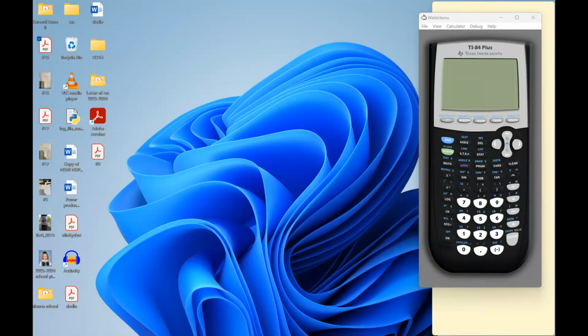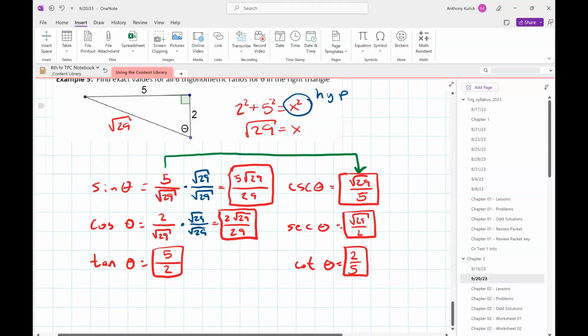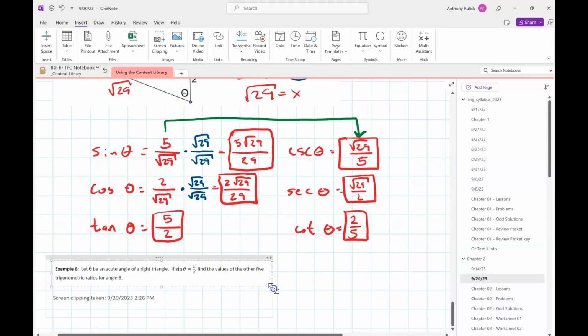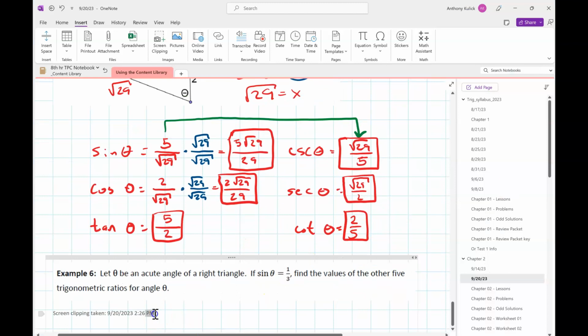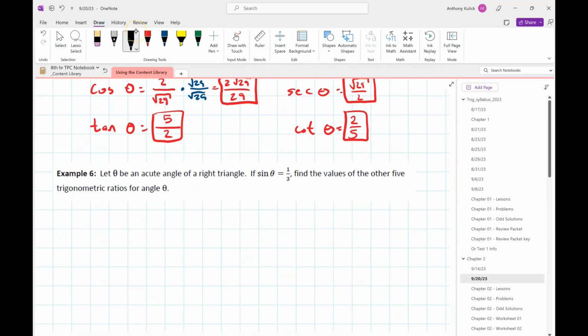What if we ask you a question this way? Let theta be an acute angle of a right triangle. If sine theta is 1/3, find the values of the other 5 trig ratios for theta.